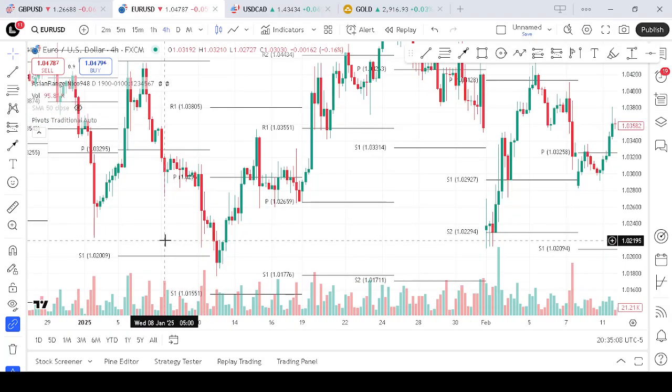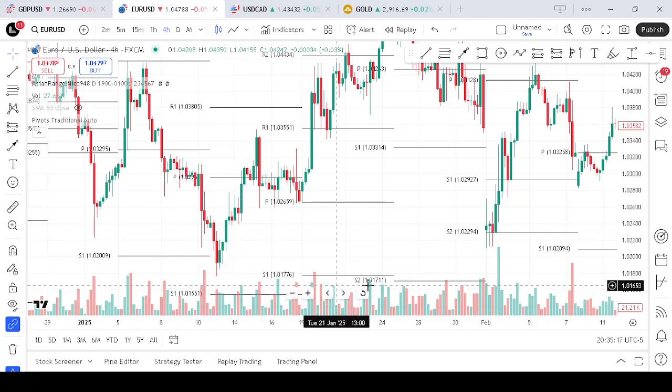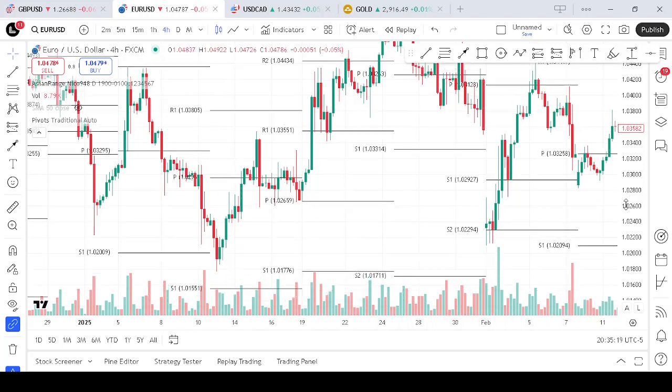Using the pivot point can help us make better trading decisions by providing clear entries and exits. One common strategy is using the pivot point as an entry signal.